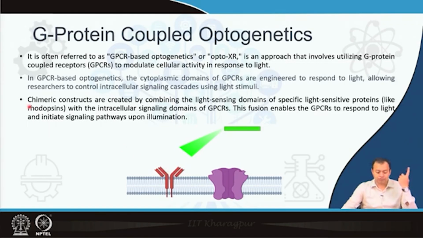Cell wall is for plants. So, chimeric constructs are created by combining the light sensing domains of specific light sensitive proteins, rhodopsins, with the interacting signaling domains of GPCR. This fusion enables the GPCR to respond to light and initiate a signaling pathway upon illumination.